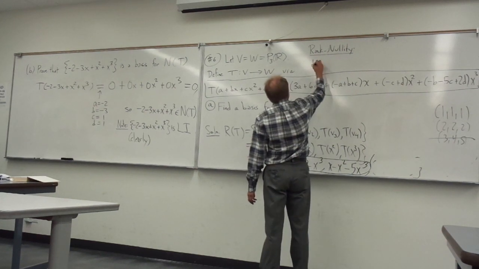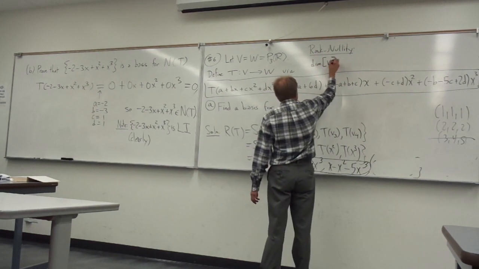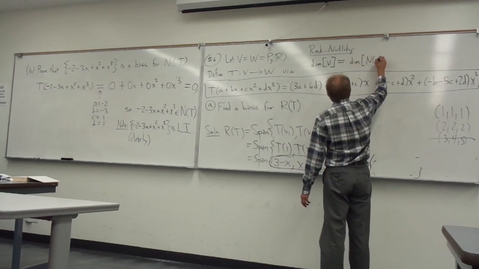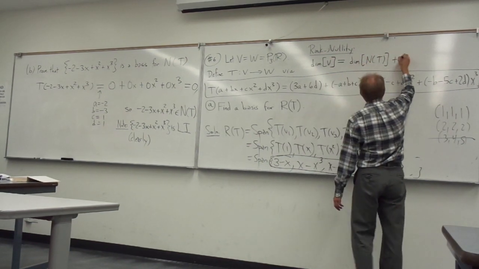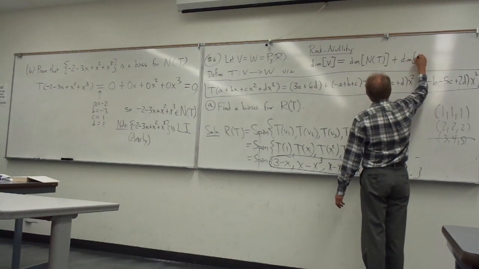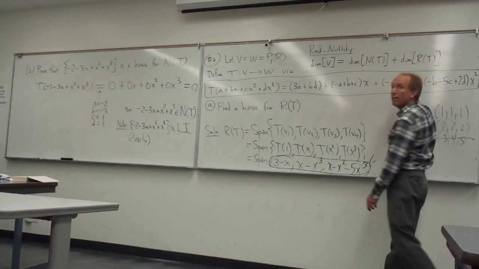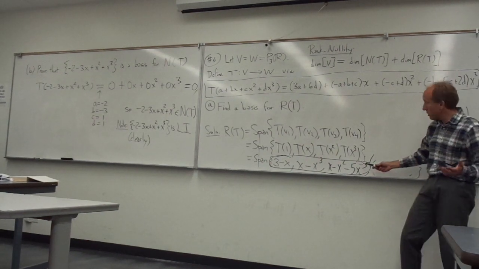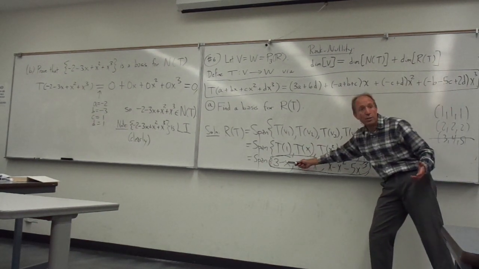So the dimension of V is the nullity, or the dimension of N of T, plus the dimension of R of T, right? And we already showed in part A, what was the dimension of R of T? It's 3, right?